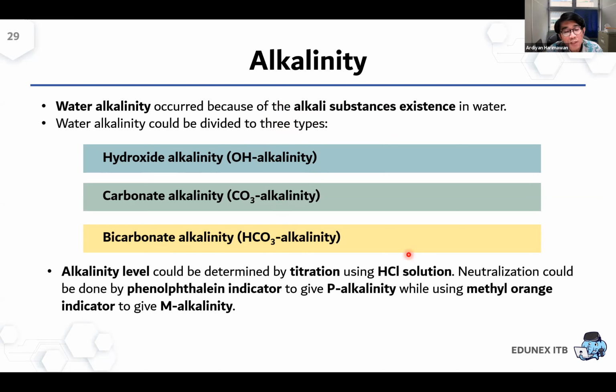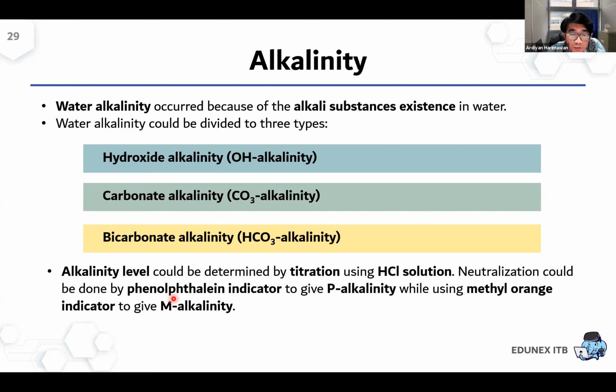Normally, to calculate the alkalinity level of the water, we use the simple titration method, using hydrochloric acid solution. To calculate the alkalinity, we follow the titration with neutralization using two types of indicator. First is phenolphthalein.